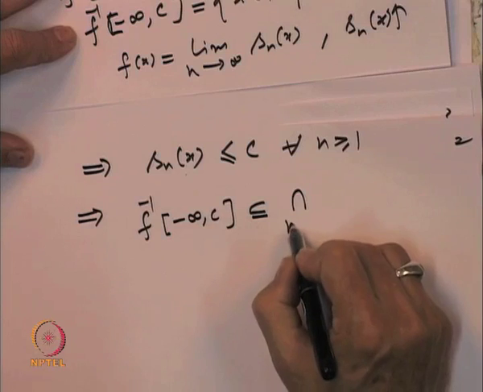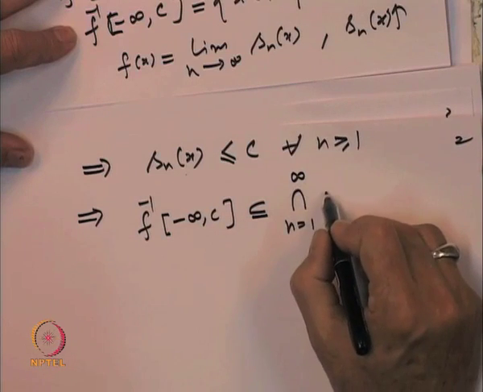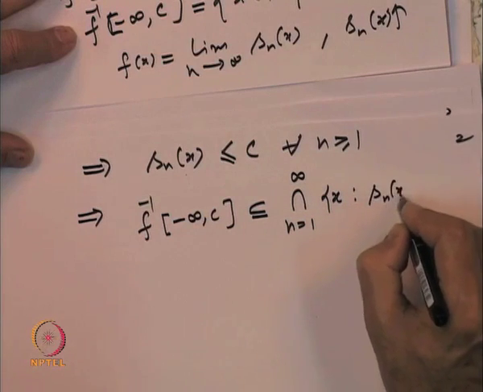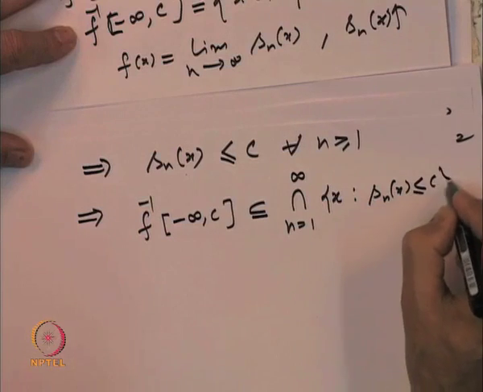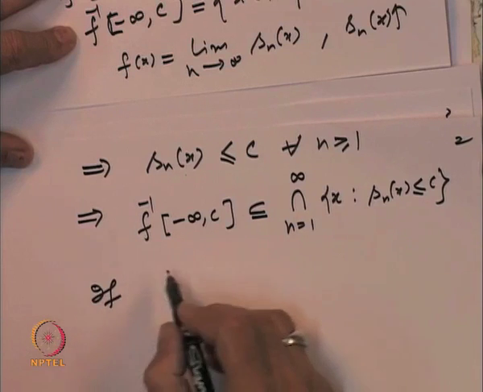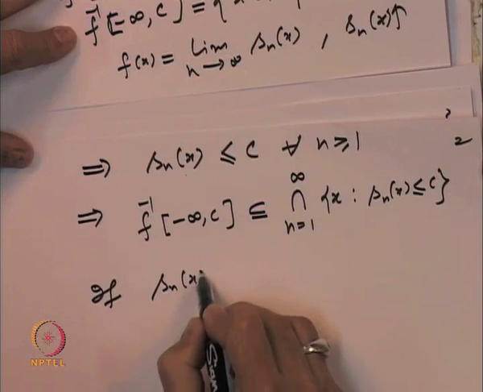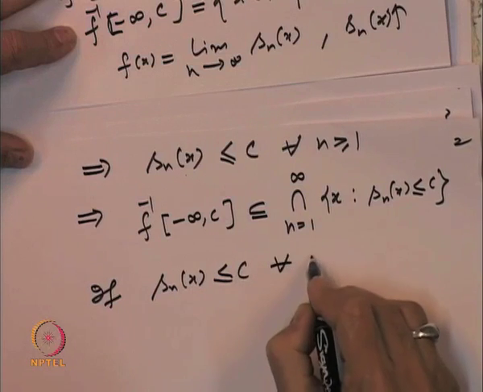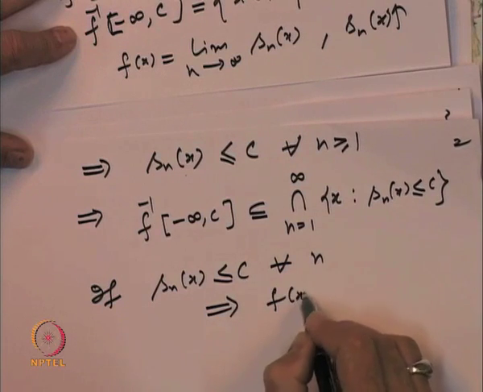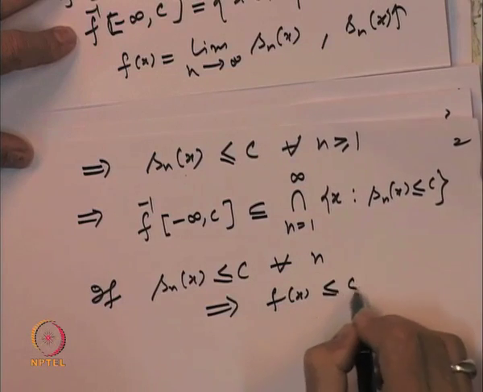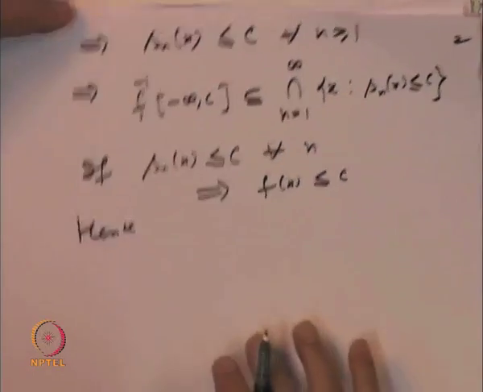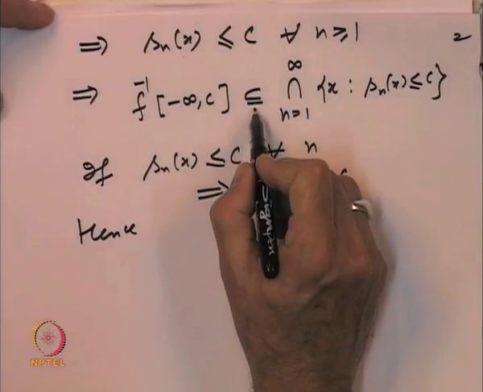So, this is contained in the intersection n equal to 1 to infinity of all x such that S n of x is less than or equal to C. And conversely, note, if S n of x is less than or equal to C for every n, then this automatically implies that f of x, because f of x is the limit, is also less than or equal to C. So, hence, this is actually an equality.